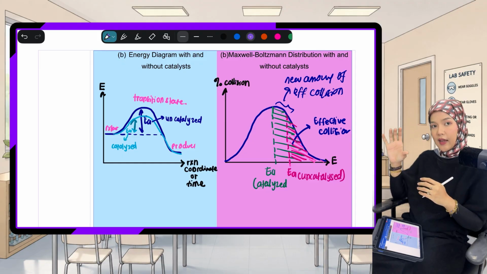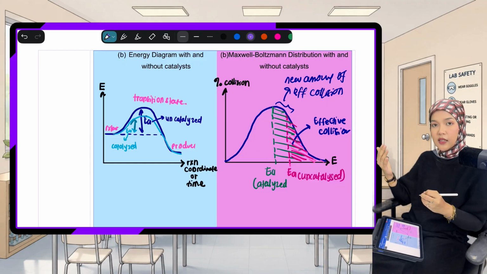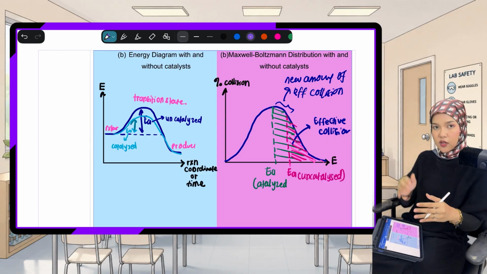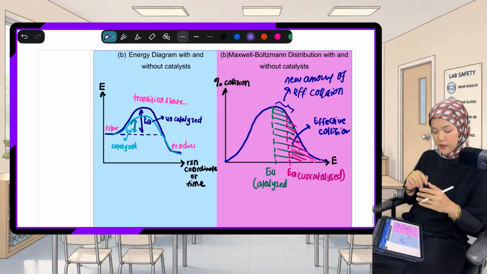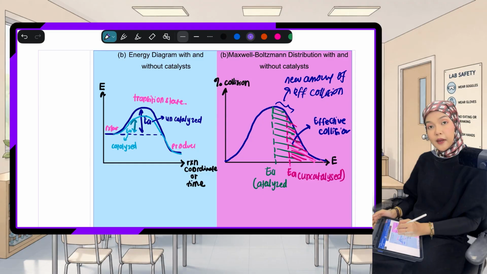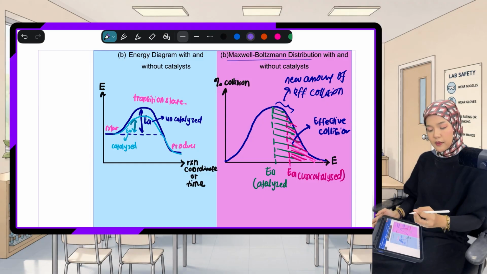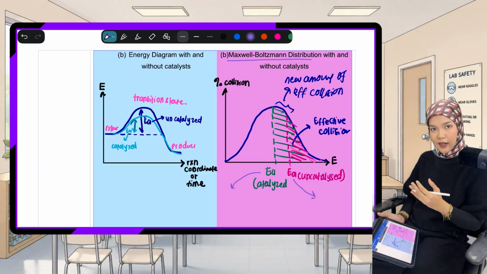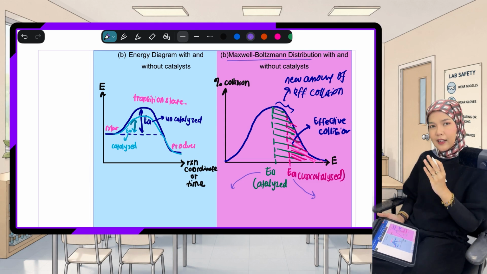One has higher activation energy, that one is the uncatalyzed reaction, and the catalyzed reaction has the lower activation energy. Or you can explain using the Maxwell-Boltzmann distribution, in which this is the activation energy of the uncatalyzed reaction, and this is the activation energy of the catalyzed reaction. You can see that the area under the curve is going to be more for the catalyzed reaction.